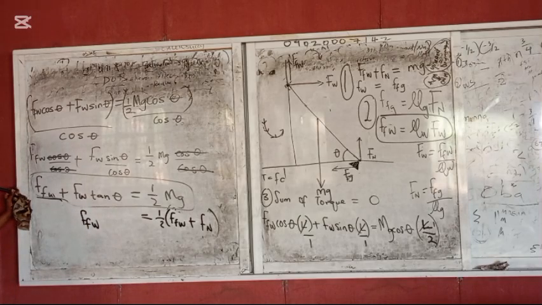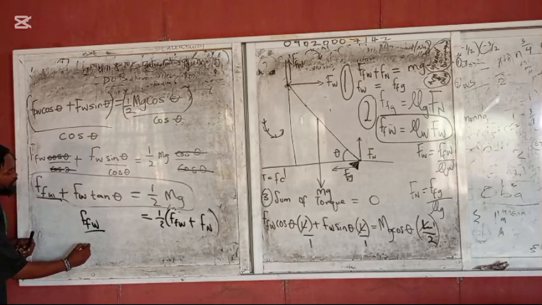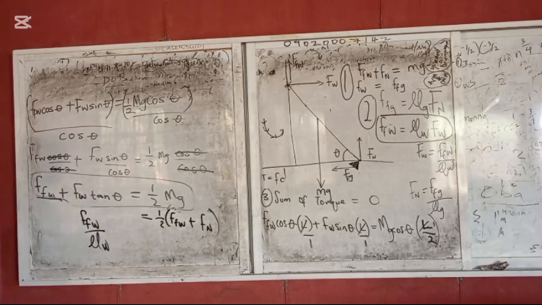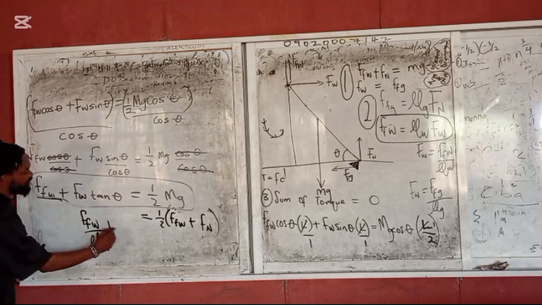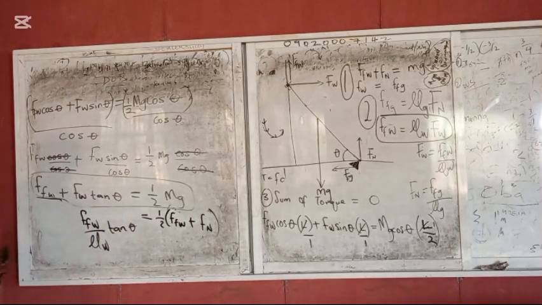Plus what? What about what? Like this? Okay, then I will now consider Shebi. 1 plus, I have this. Okay, what is F_FW equal to then? Coefficient of what?